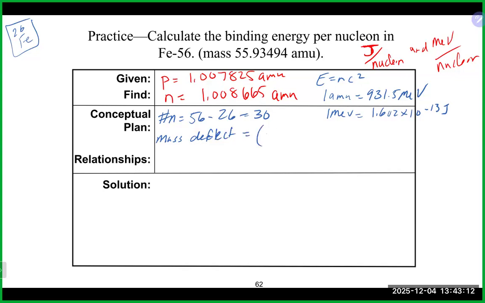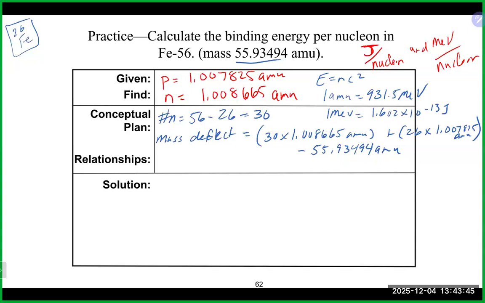That's going to be 30 times 1.008665 for our neutrons, added to our protons, the atomic number 26, times the mass of a proton, 1.007825 AMU. We're then going to subtract that from the atomic mass of this isotope, which is 55.93494 AMU.